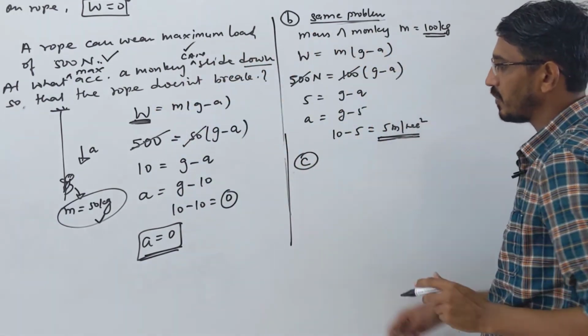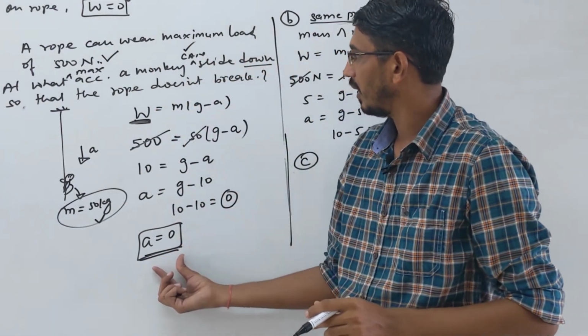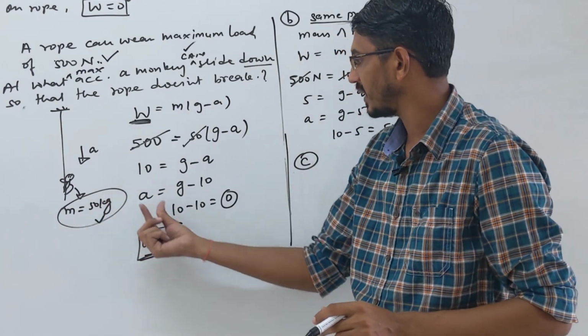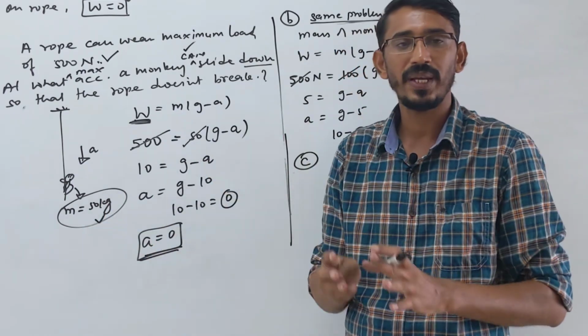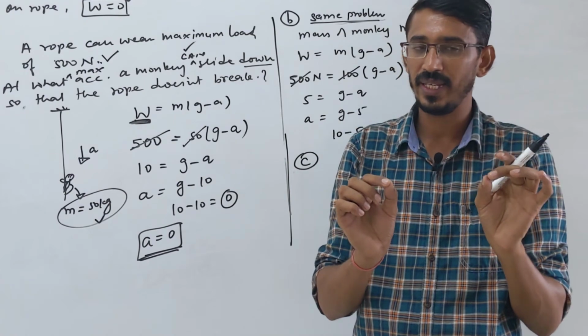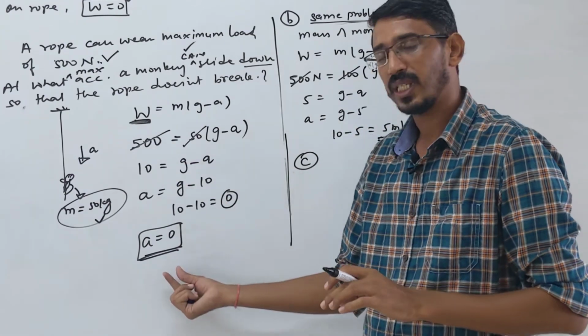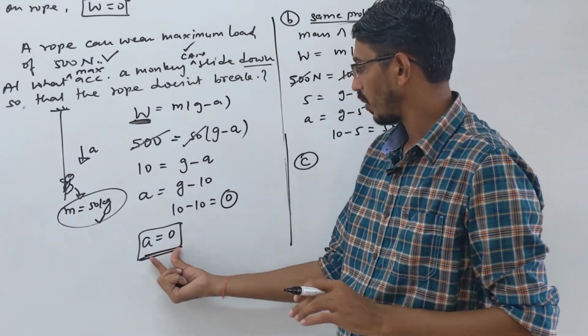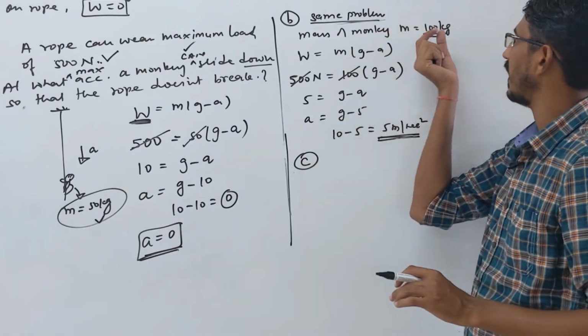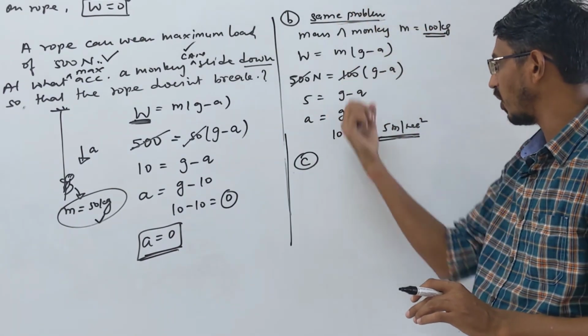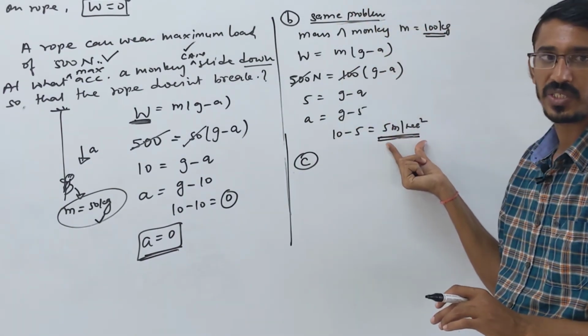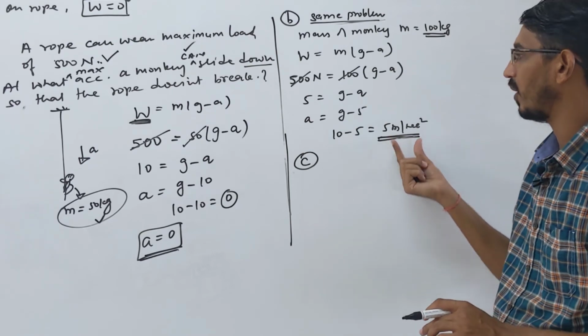So first you have understood that according to the given mass, he can move up and down with constant velocity only. He should not accelerate downward, otherwise the rope will break, so he goes at 0 acceleration. If the mass I wrote is 100 kg, then he can accelerate downward at this acceleration, right? Yes, till then the rope will not break.